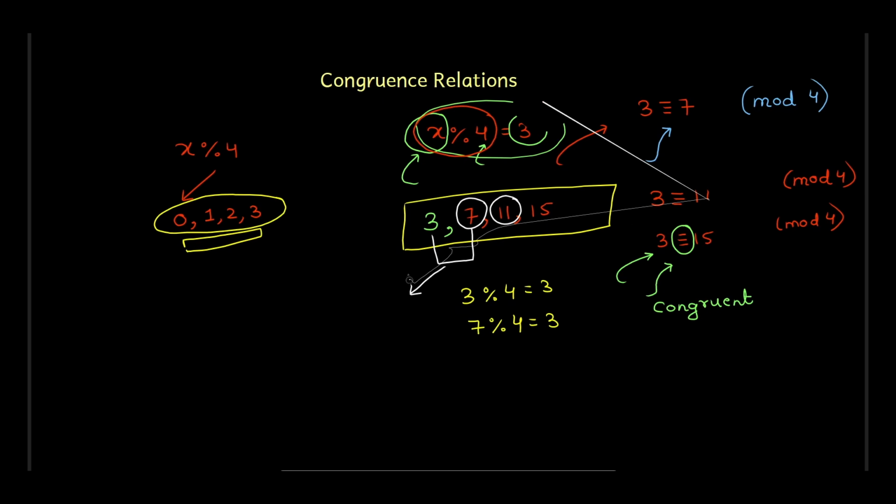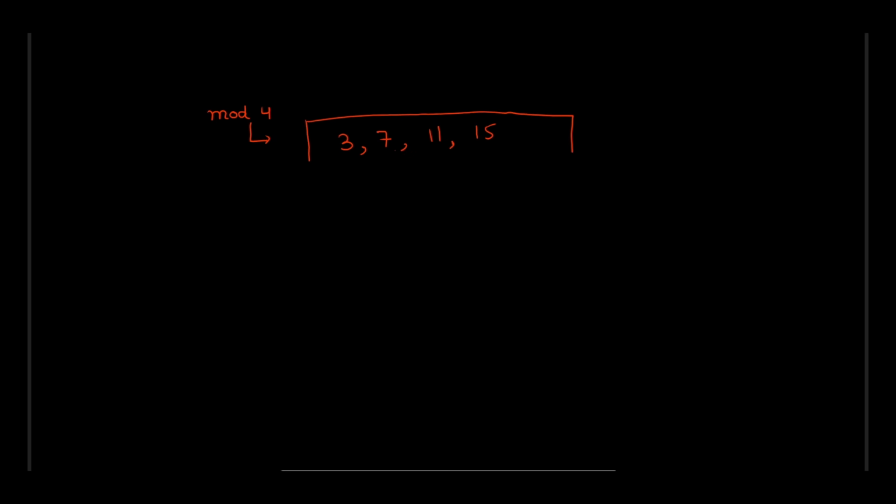So this grouping that we saw over here of 3, 7, 11, 15 means that if you consider the world of modulo 4, then in this world 3, 7, 11, 15, all of them are essentially equal.